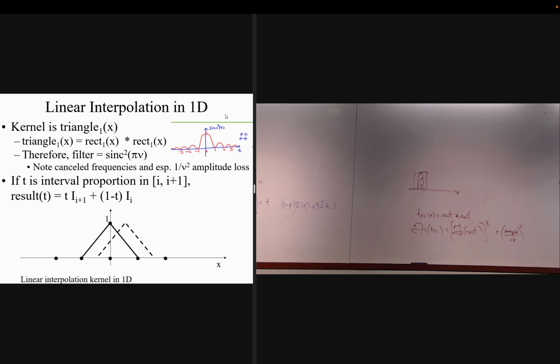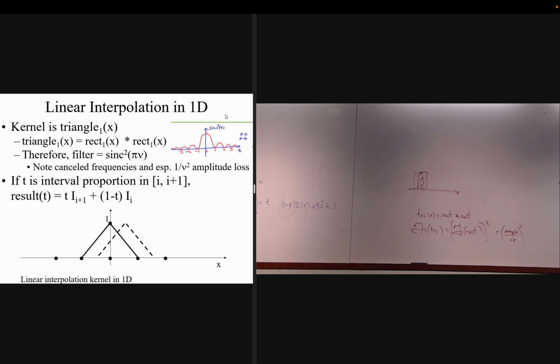That's what linear interpolation is doing in the frequency domain. Among the things it's doing is canceling all the frequencies that are integer multiples of pi, right? Because that sine function is 0 there. And it's also damping the amplitudes as a function of frequency, by a 1 over nu squared sort of function. It's doing blurring.